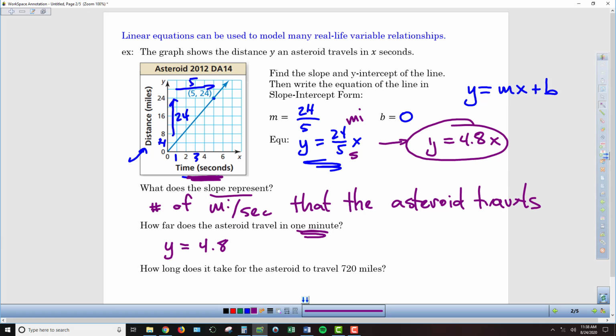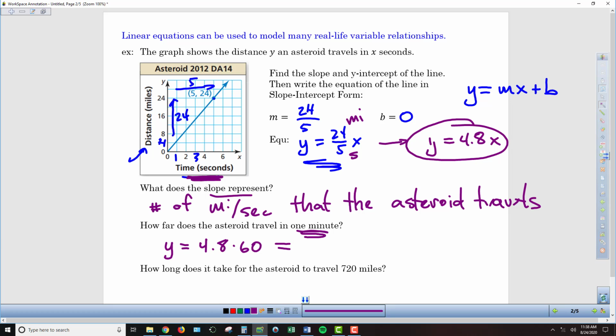I need to convert that minute into seconds. I have to make sure that my units match up, otherwise I'm mixing apples and oranges when it comes to my slope being measured in miles per second and my time being in minutes. So I need to convert that to 60 seconds.